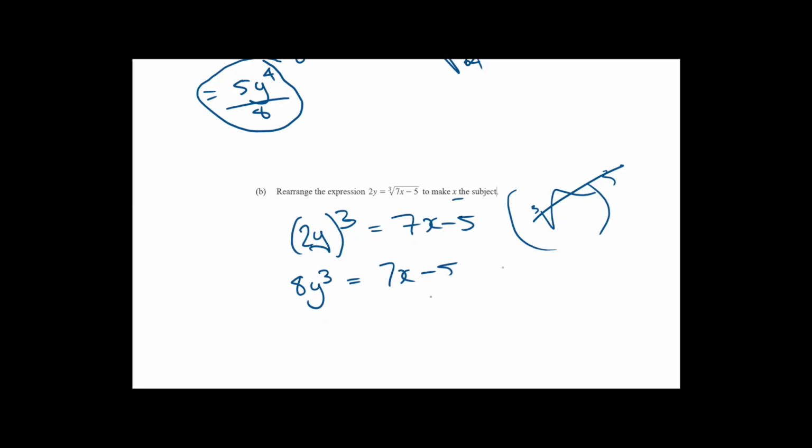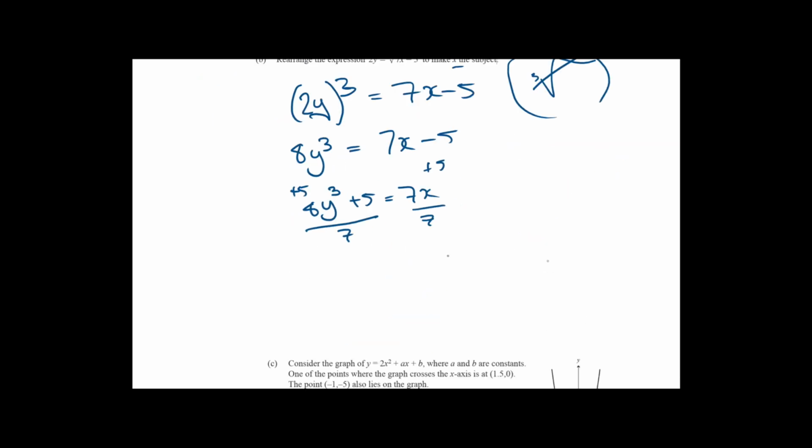Okay, let's add 5 to both sides. Now we're going to divide both sides by 7, and our final answer is going to be x equals 8y cubed plus 5 all over 7.